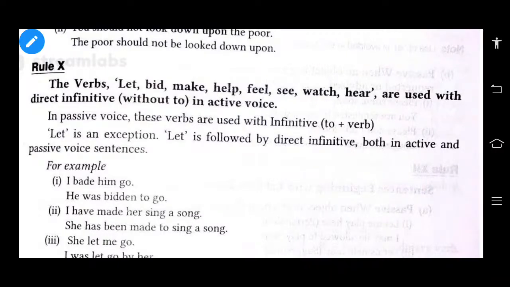Direct infinitive means nothing but without to. To infinitive and bare infinitive. So bare infinitive is also called direct infinitive in active voice. Right? See, I bade him go. I bade him go means I bade him to go.